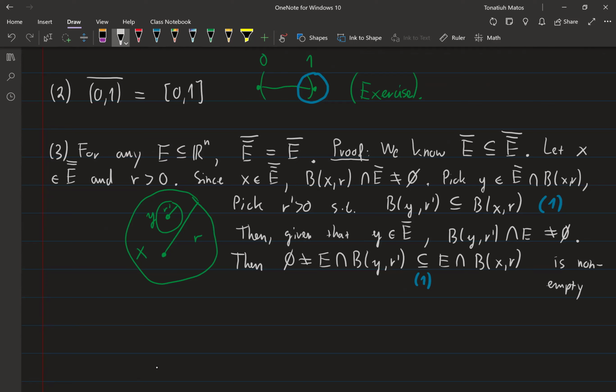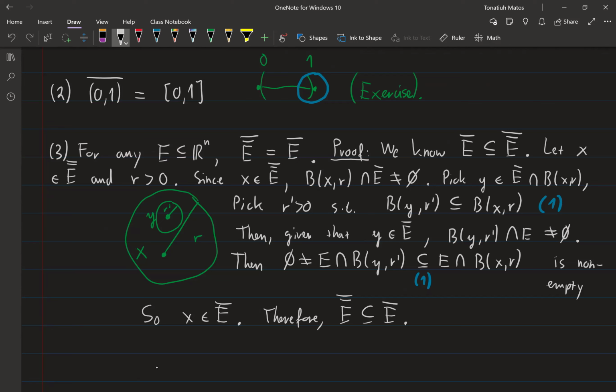And we're done. That's what we wanted to show, wasn't it? We took an arbitrary point x, an arbitrary radius, and we showed that it intersects E. That means that x is in the closure of E. So we're done because that means any point x being in the double bar has to be in just one bar, and the other inclusion was given.